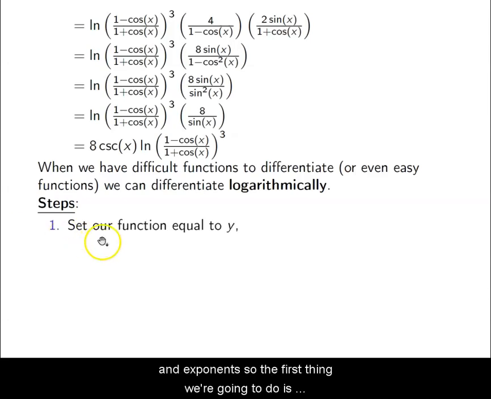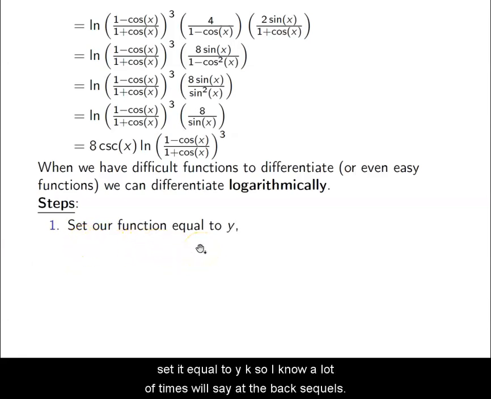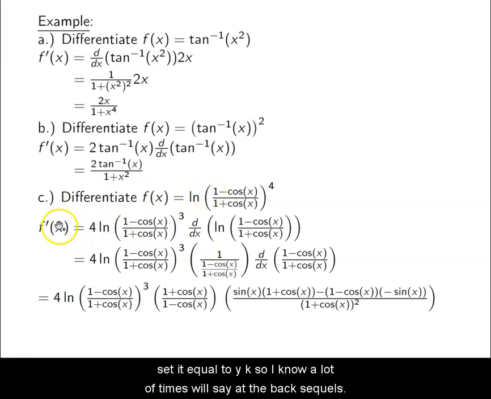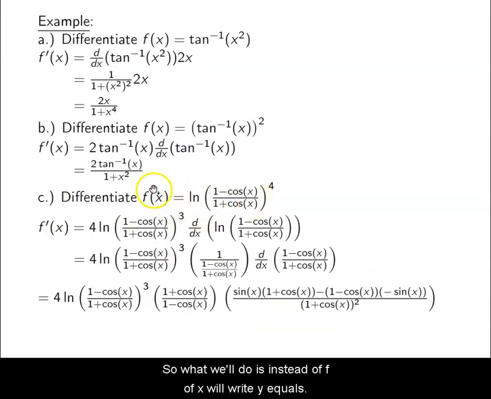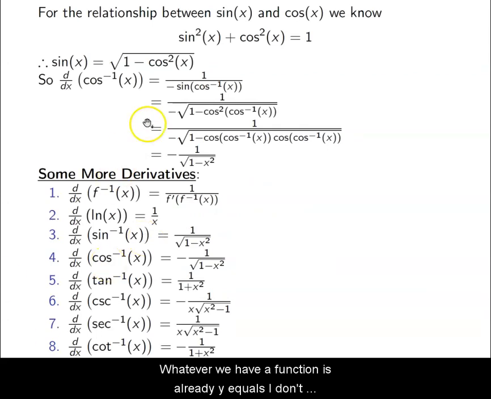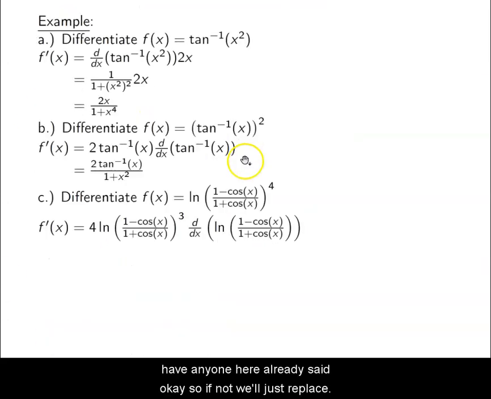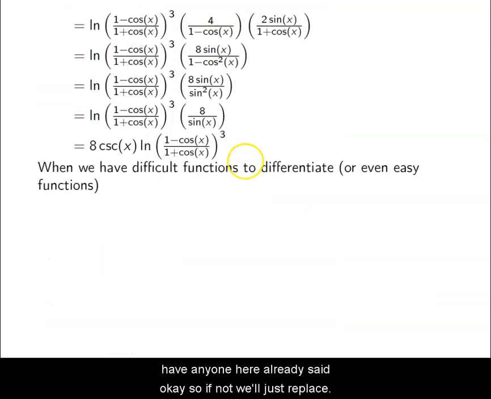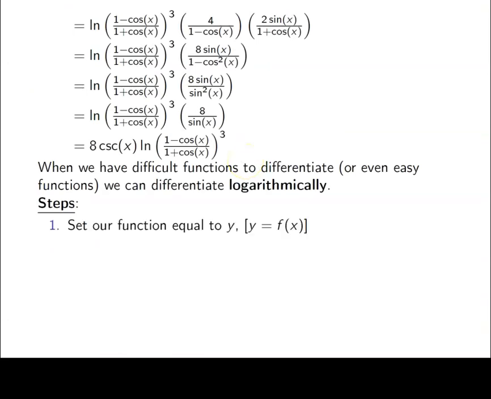The first thing we're going to do is take our function and set it equal to y. I know a lot of times we'll say f of x equals this thing. So instead of f of x, we'll write y equals whatever we have. If our function is already y equals, which I don't have anywhere here, then we're already set. If not, we'll just replace f of x with y.